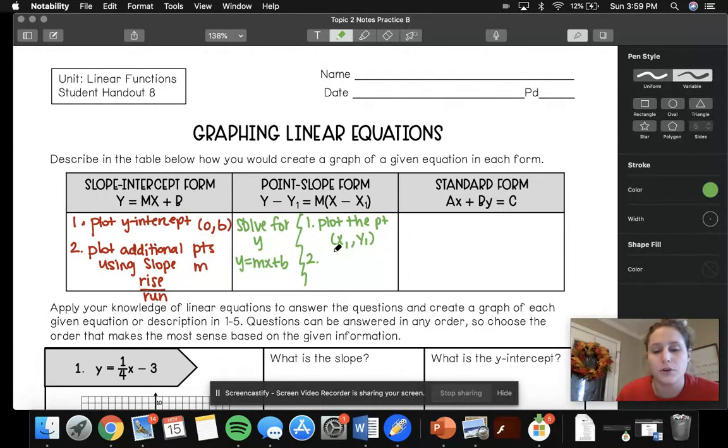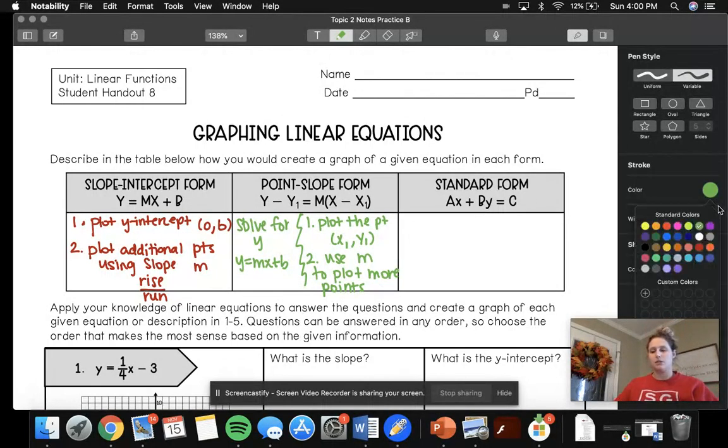After you have plotted that point, it wouldn't be the y-intercept, it'd just be another point. Then you would use your slope to plot more points. So that is point slope form.